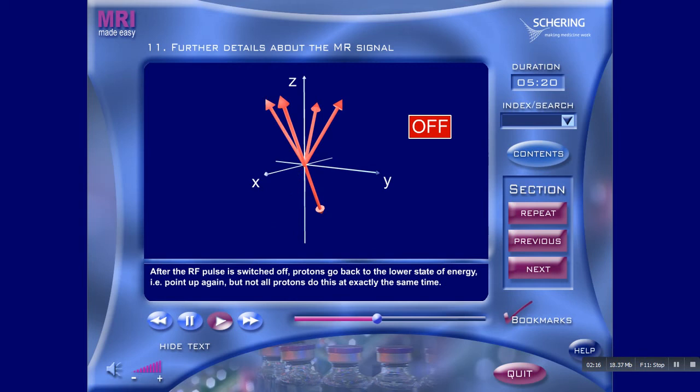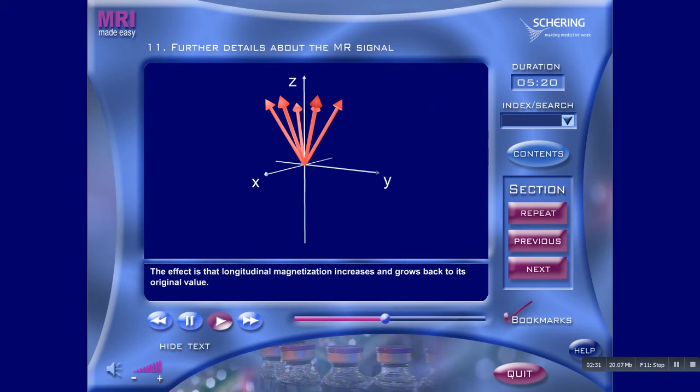But not all protons do this at exactly the same time. Instead, it is a continuous process, as if one proton after the other goes back to its original state. The effect is that longitudinal magnetization increases and grows back to its original value.